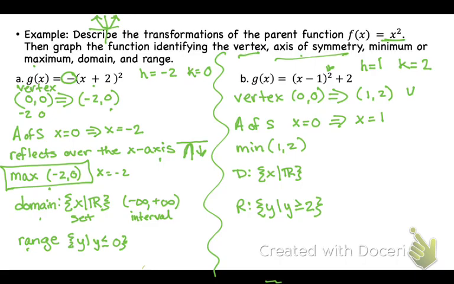Tori, did you get it right? Why is it minimum? Because it opens. See how I made a little sketch for me? Make a little sketch for yourself. It opens up, so it would be a minimum, wouldn't it?